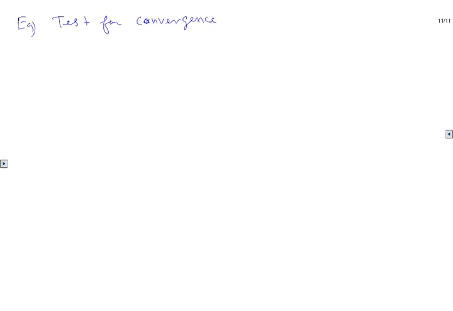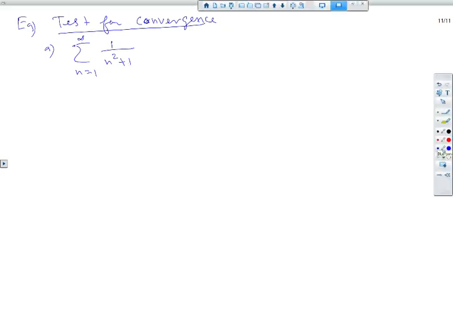Let's say the first one is the sum from n equals 1 to infinity of 1 over n squared plus 1. If you get a series like that, we need to compare it with something else. Most of the time, the question is how do you know what to compare with? Because you're trying to show that this is going to converge. What we do is look at the dominating terms, which suggest a series.